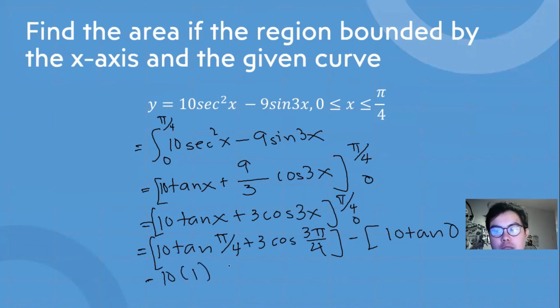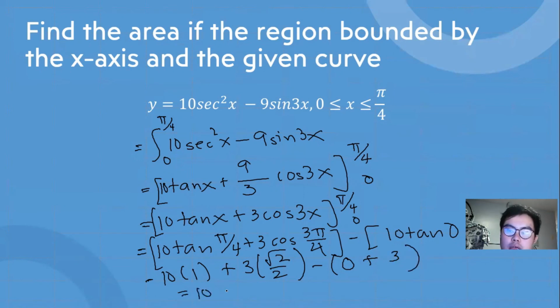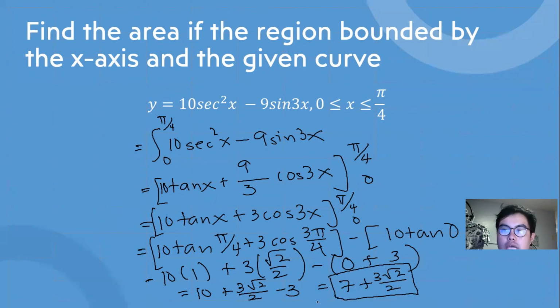So, 10 times 1 plus yung 3 pi over 4 natin is 3, then square root of 2 over 2 minus 10 tan 0 is 0, kasi tangent 0 is 0. Tapos plus, yung 3 cosine 0 natin is 3. Okay, so magsisimplify po tayo. So, 10 plus 3 square root of 2 over 2 minus 3. So, 10 minus 3 will become 7 plus 3 square root of 2 over 2. So, ito na po ang area natin based sa function na to.